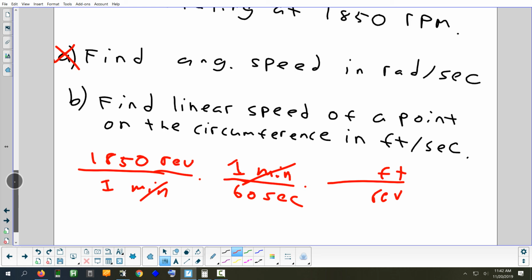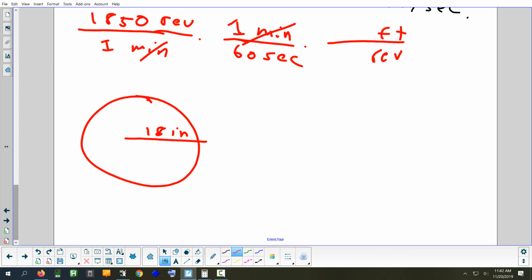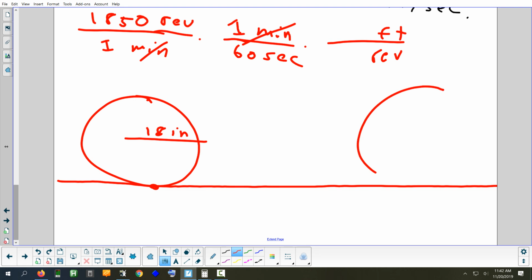So we've got to figure out how many feet. Imagine here's your tire with a radius of 18 inches. Imagine it's rolling on the ground. It starts right there, rolls one time, and stops right there.